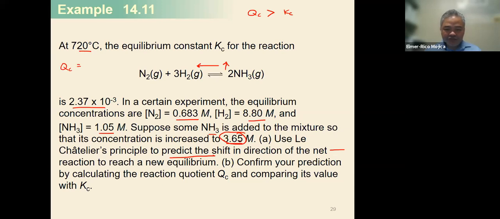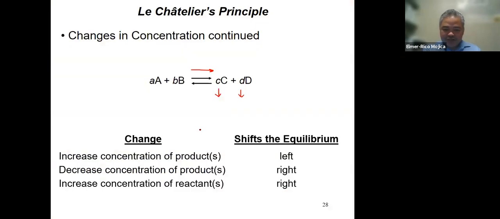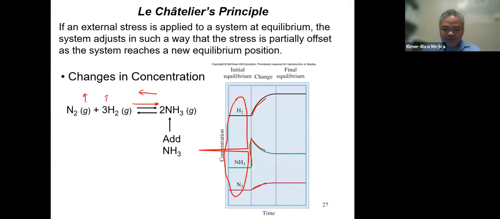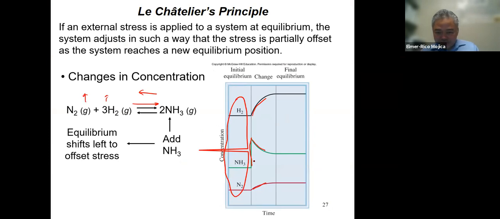You know why we use 3.65 and not 1.05? Because the 1.05 is the concentration at equilibrium. But what we do is, it's just like this one. See this problem here? The 1.05 is this concentration, but the one that we have now is 3.65, and this one becomes your 3.65.